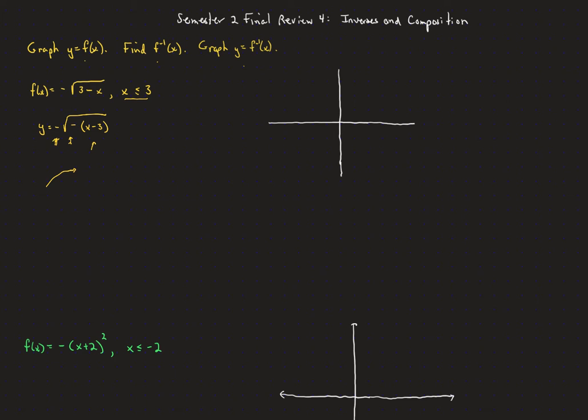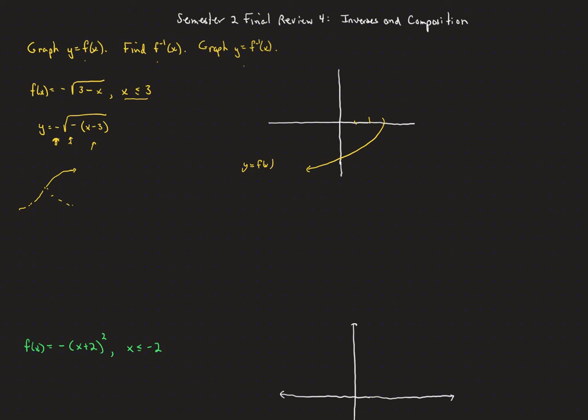The negative outside the radical flips it in the x-axis, and the negative on the inside flips it in the y. So we go down and to the left, and then move it so that it starts at 3. We get something that looks like this. There's our function y equals f of x.